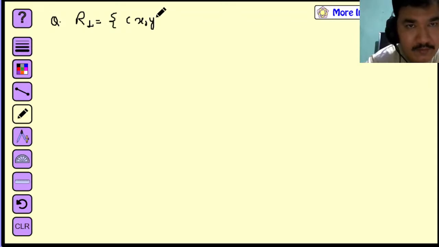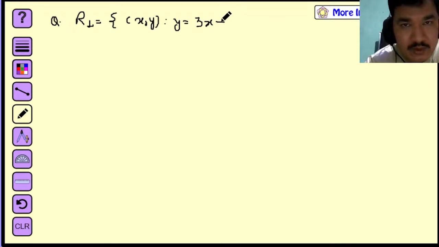Okay, how is this set of order pairs (x, y) shown? There is given two dots here, okay, and what is given there is y equals 3x plus 1. Suppose this is the question. Okay, 3x plus 1 is given in the question.